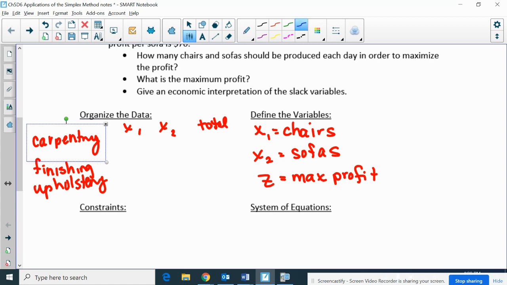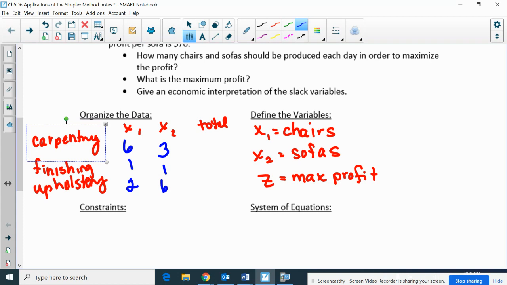All right, so for a chair, it's 6 hours of carpentry, and then I'm going to go down my column vertically because x sub 1 is my chairs. So 6 for carpentry, 1 for finishing, and 2 for upholstery. Then for sofas, down this column, x sub 2, it's 3 hours for carpentry, 1 for finishing, and 6 for upholstery.